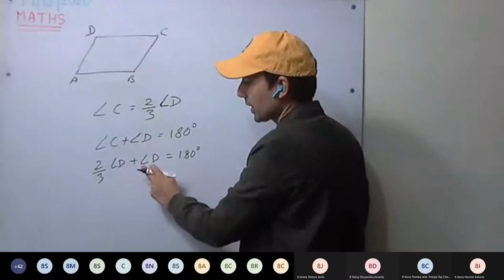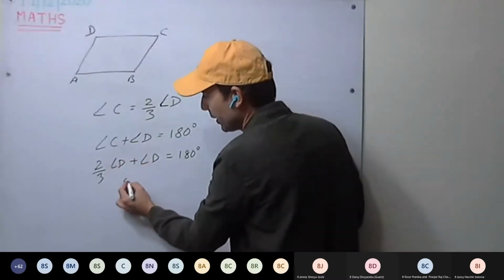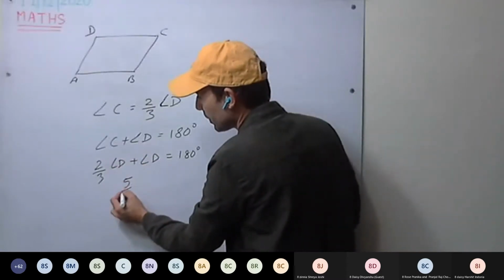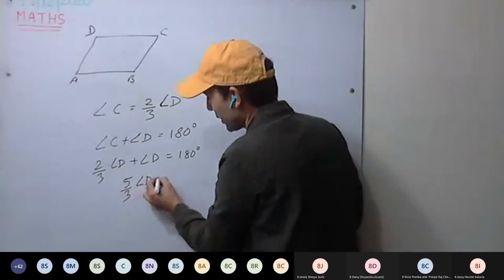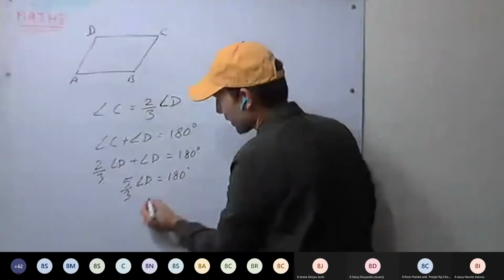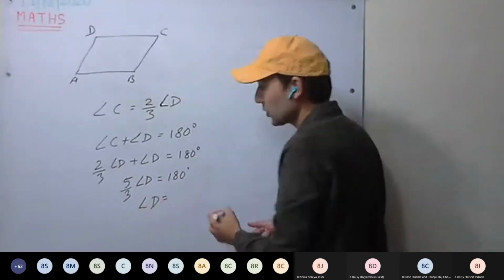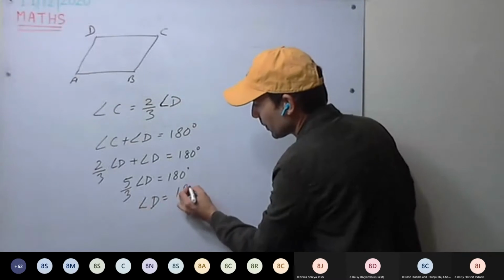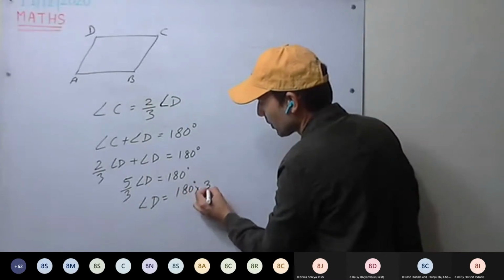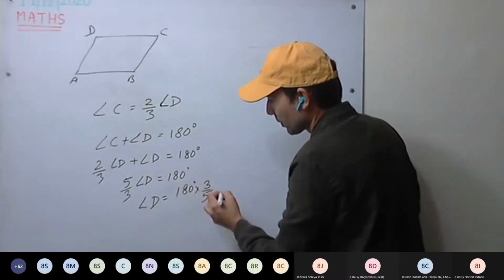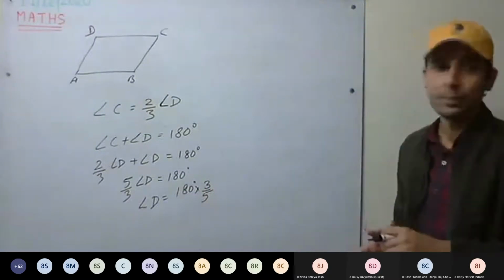It will be how much? Take the LCM. 5/3 angle D equal to 180 degrees. Angle D equal to how much? 3/5 of that.